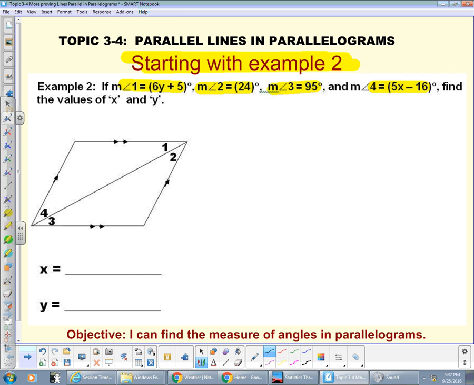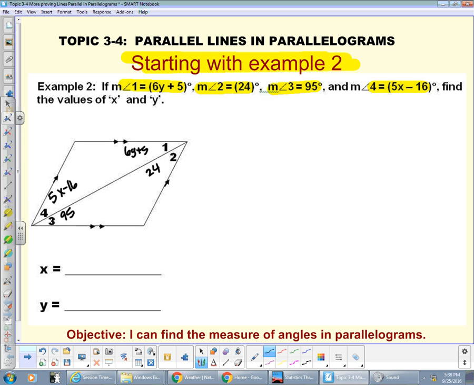So let's go ahead and label that before we do anything else. We know that angle 1 is 6y plus 5, angle 2 is 24, angle 3 is 95, and angle 4 is 5x minus 16. Now what I want to do here is look for one of my angle pairs.